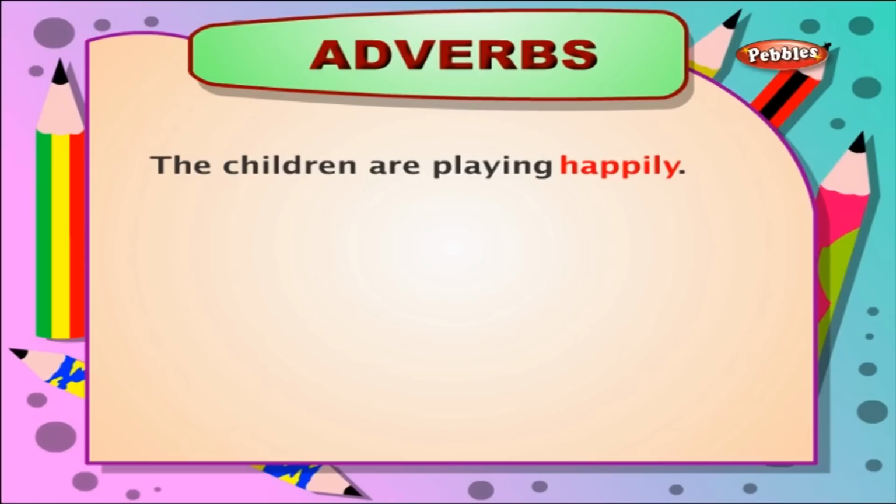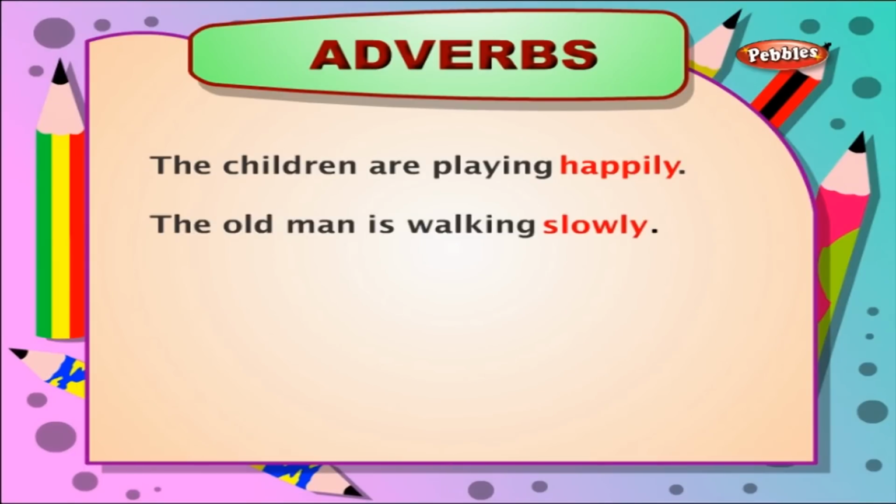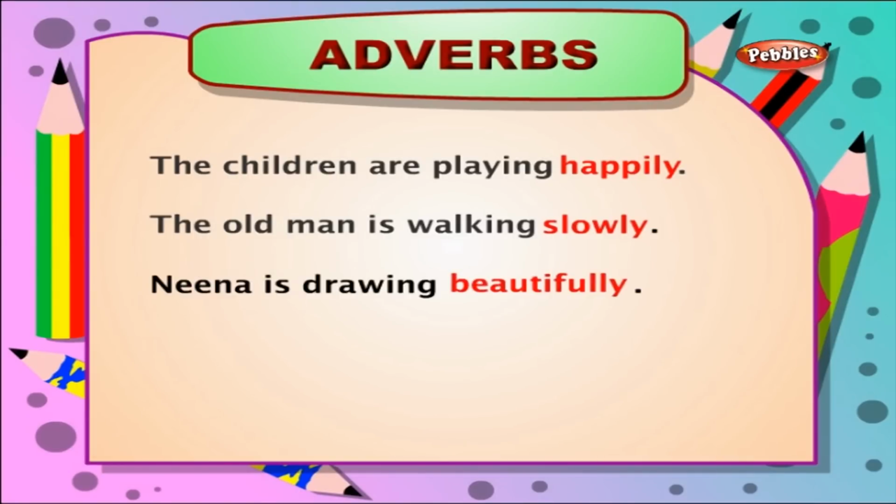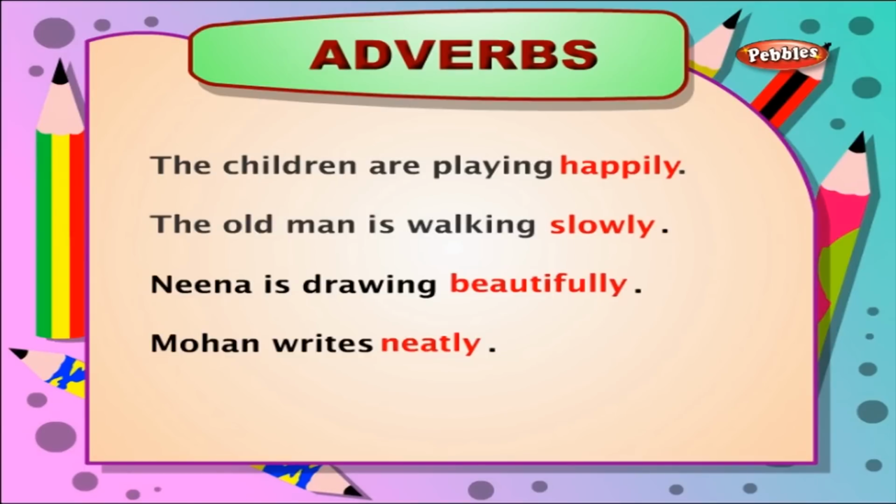The children are playing happily. The old man is walking slowly. Nina is drawing beautifully. Mohan writes neatly. Here, the words happily, slowly, beautifully, and neatly tell the way in which the action is done.